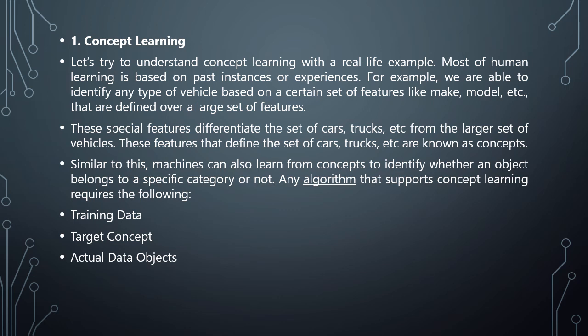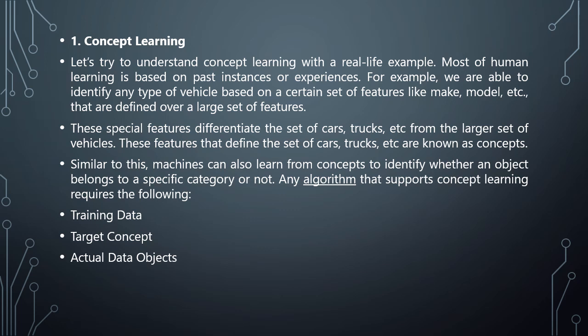These special features differentiate the set of cars, trucks, buses, bikes, etc. from the larger set of vehicles. These features that define the set of cars, trucks, etc. are all known as the concepts. This is known as concept learning.